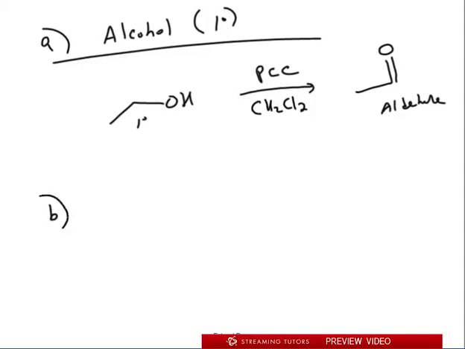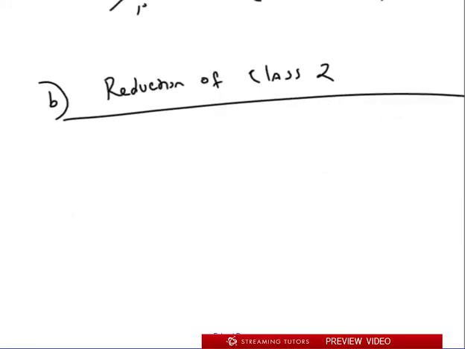So that's one way. Another way to make an aldehyde is reduction of class 2 carbonyls. Now, we didn't talk about class 2 yet, but we should know at least how to make aldehydes from it. So, for example, an acyl chloride is one reagent. I'm not going to go into the mechanism at this point.